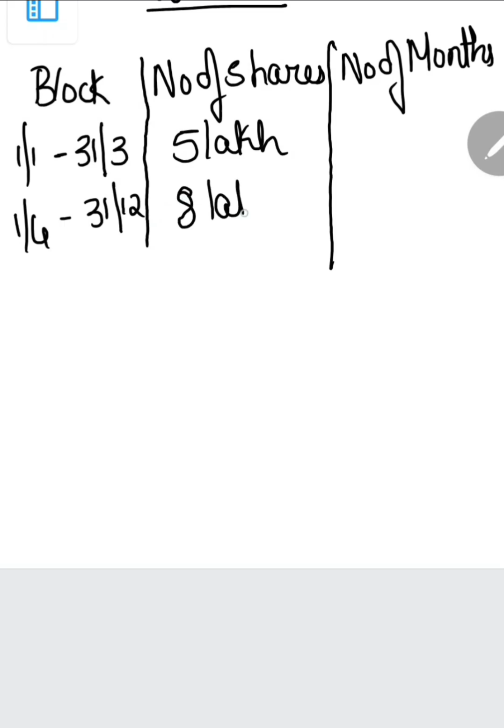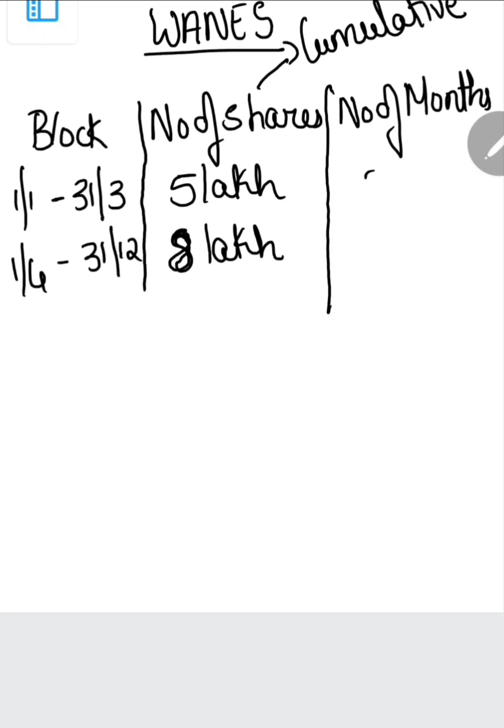So we are going to take a cumulative figure here, that will be 5 plus 3, 8. So we will now calculate the number of months, that is 1st of January to 31st of March 3 months, 1st of April to 31st of December 9 months.